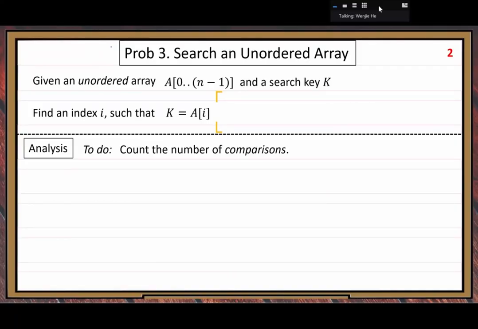Remember in our early lectures, we want some objective, stable measure for efficiency, right? Here the objective, stable measure will count the number of comparisons. That's stable, right? The number of comparisons.